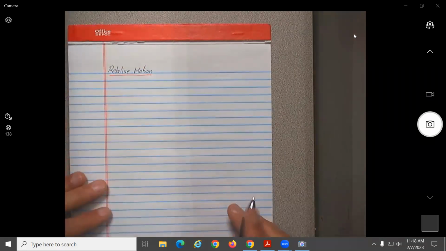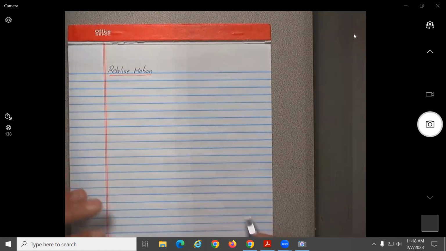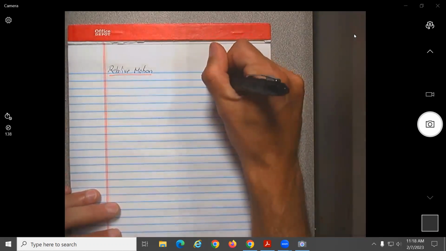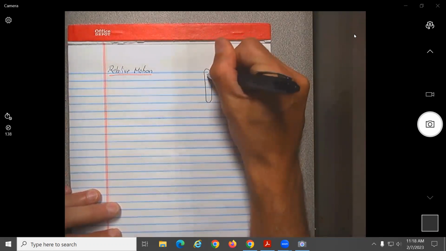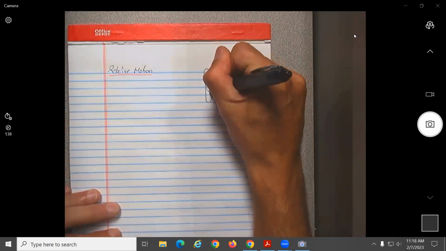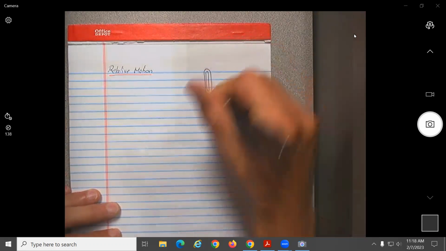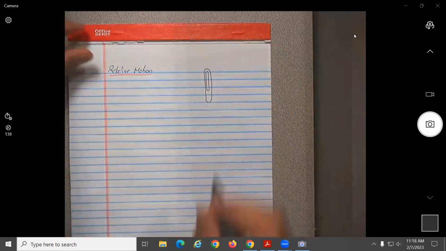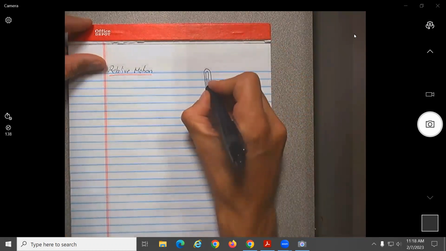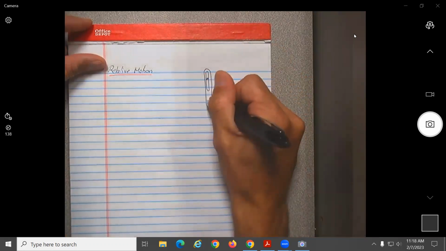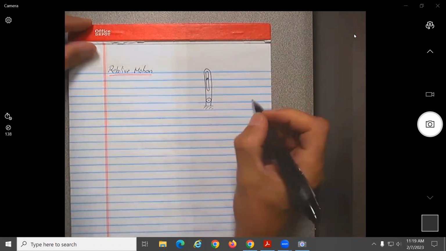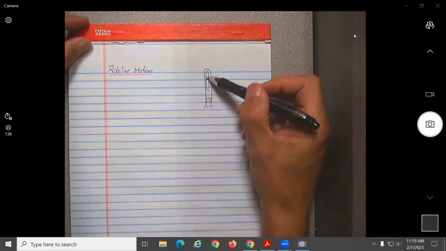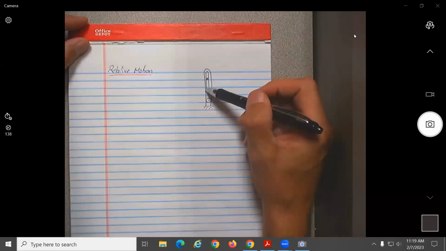Okay, so in this case, in order to show you what is the difference, we're going to look at one very quick example. So let's say you have a bar, and inside the bar you have a groove, okay? So that means that this point over here can move along the bar.